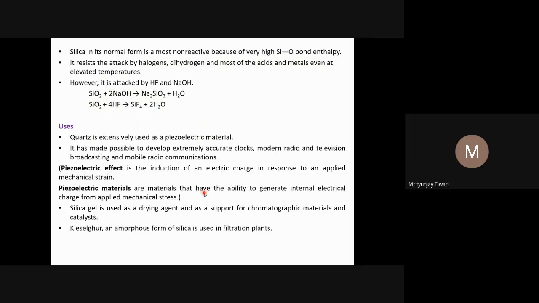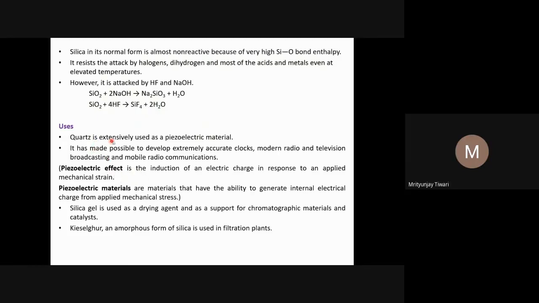Such materials are called piezoelectric materials, and this definition comes from the piezoelectric effect, which is the induction of an electric charge in response to an applied mechanical strain. You apply a mechanical strain and you see the induction of electrical charge; such behavior is called the piezoelectric effect.